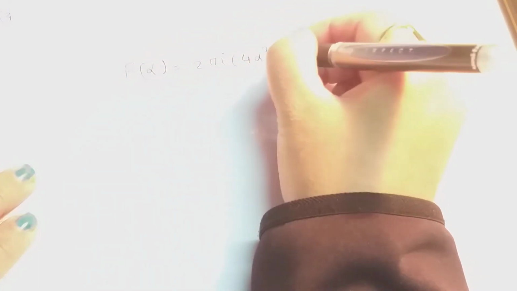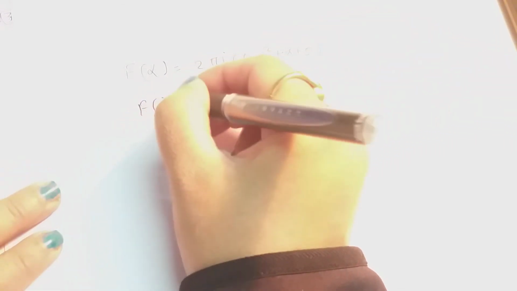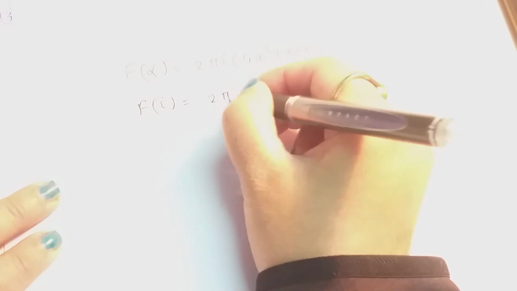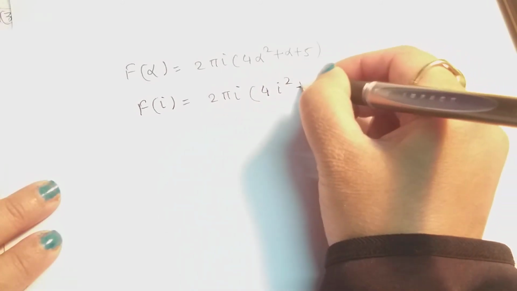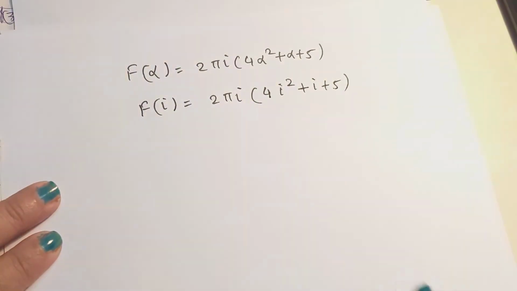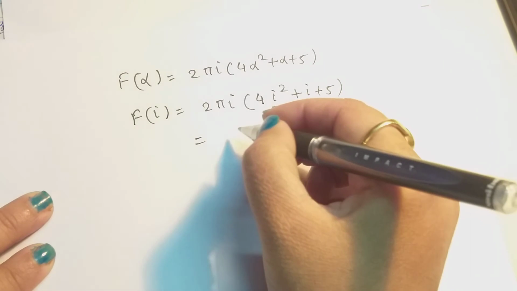So we have F(α) is equal to 2πι(4α² + α + 5). So F(ι) will be 2πι(4ι² + ι + 5). The value of ι² is −1.